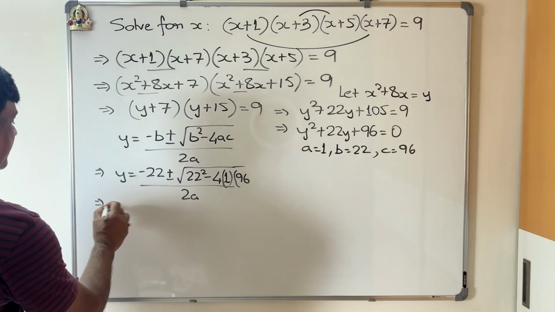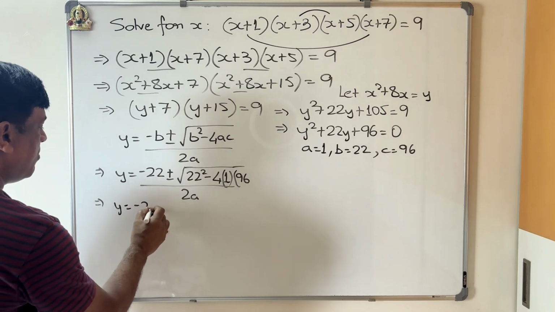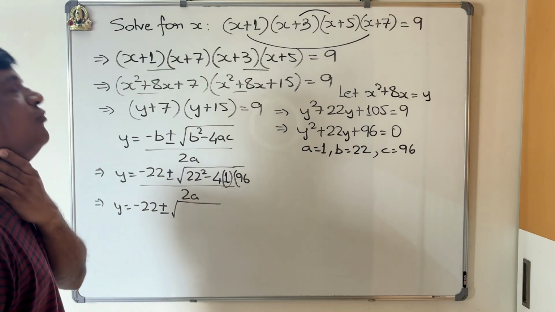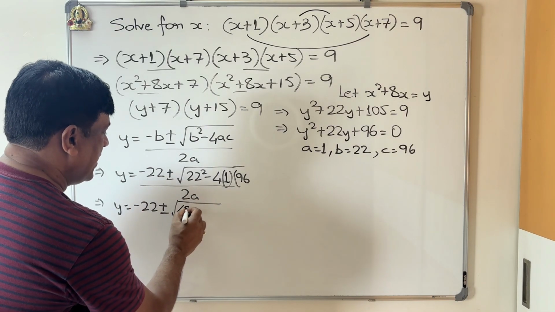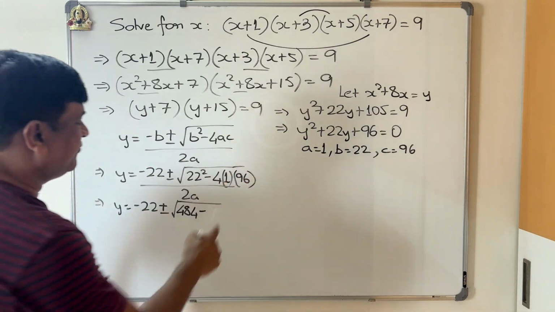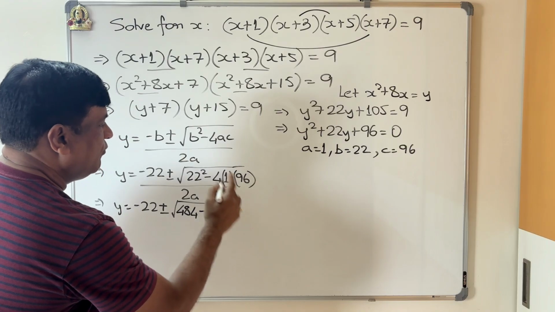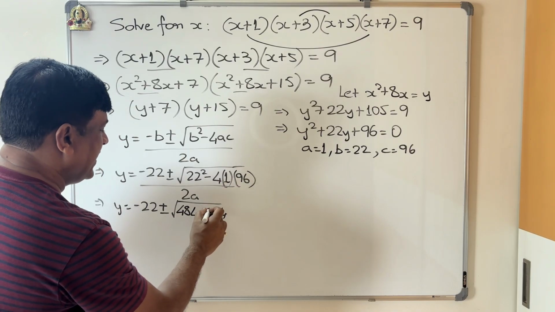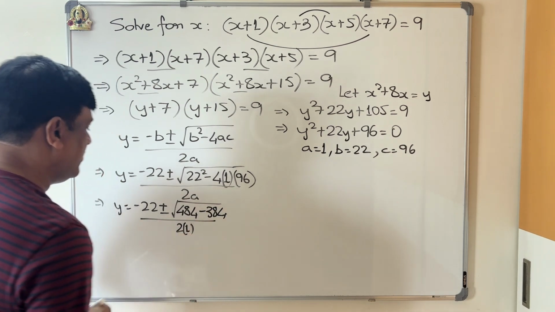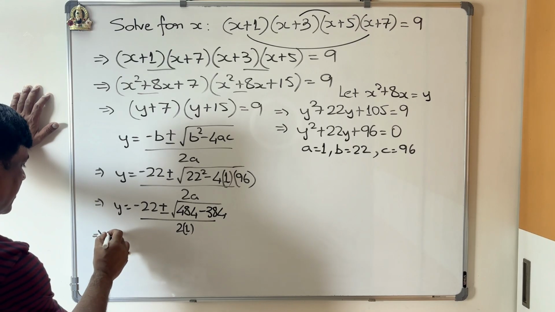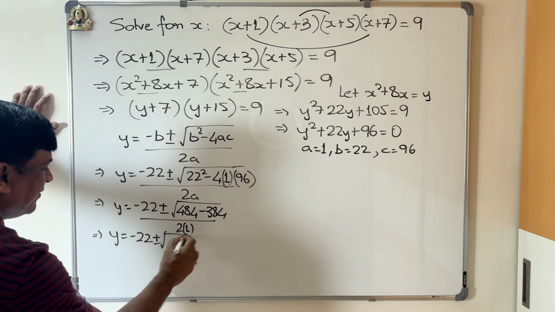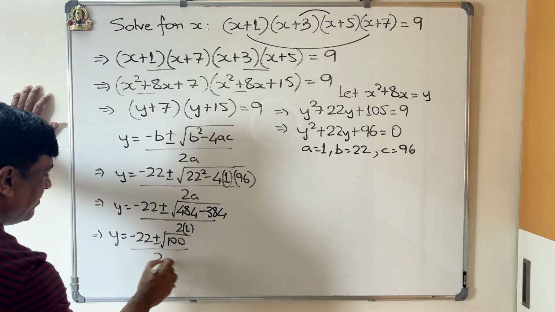So when you resolve this, you get y is equal to minus 22 plus or minus the square root of, 22 into 22 is 484, right? You get 484 minus 4 into 96. 4 sixes are 24, 4 nines are 36, so you get 384. Then divided by 2 times 1. What do you get over here? y is equal to minus 22 plus or minus the square root of 100, divided by 2.